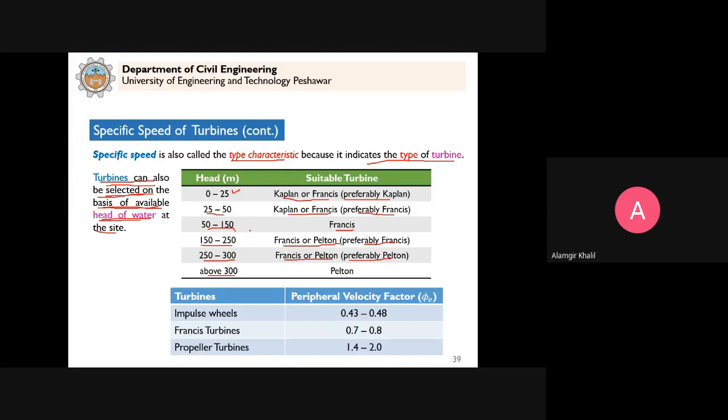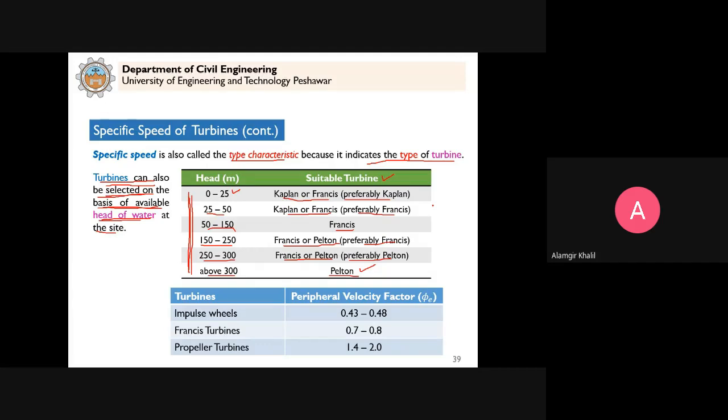And above 300 meter, the suitable turbine is Pelton wheel. So this is just a guideline. Remember, this is just a guideline taken from another book, that on the basis of available head, we can also select a suitable turbine for that site.